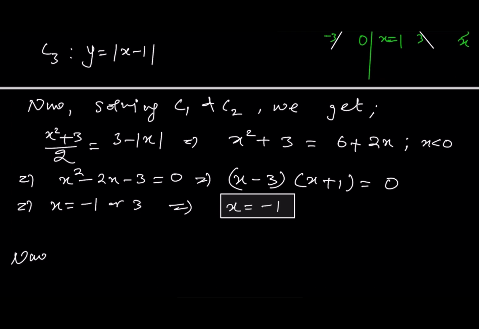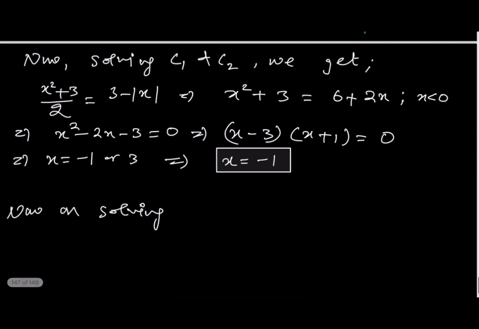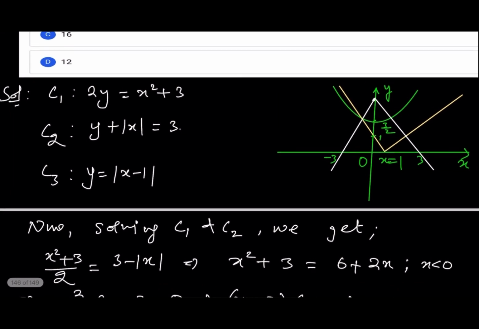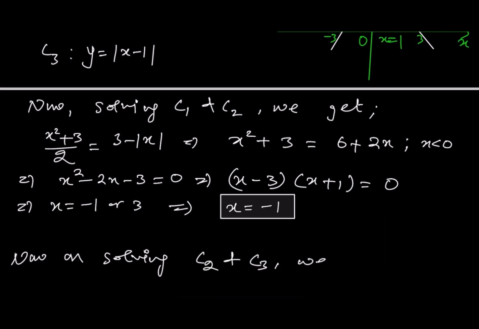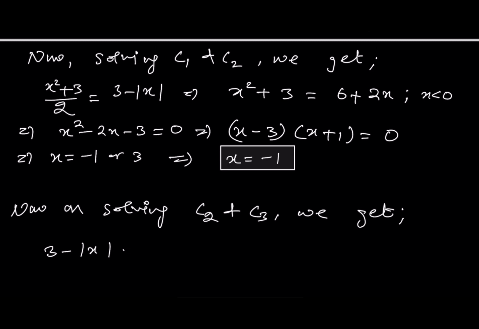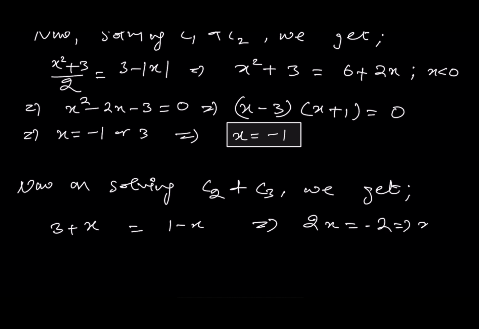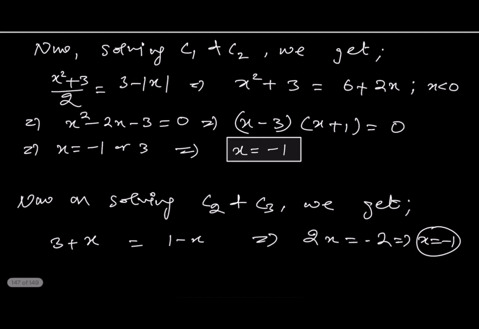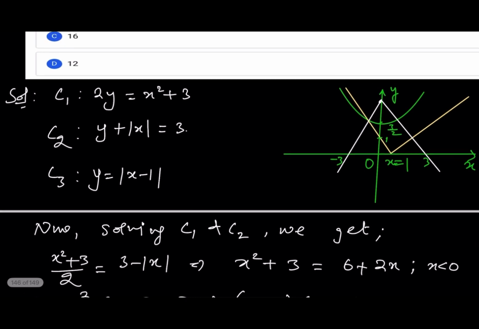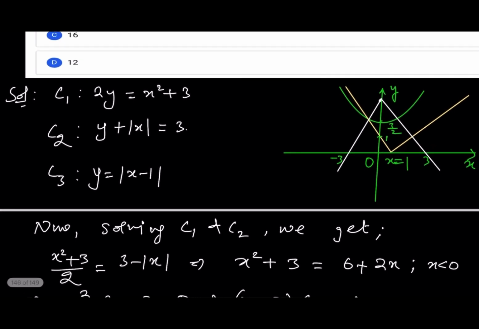Now again, on solving C2 and C3, we get 3 minus mod x is equal to 1 minus x, and x is less than 0, so this will be 3 plus x. So 2x is equal to minus 2, which implies x is equal to minus 1. So C2 and C3 are also intersecting at x is equal to minus 1. So this is the point x is equal to minus 1.